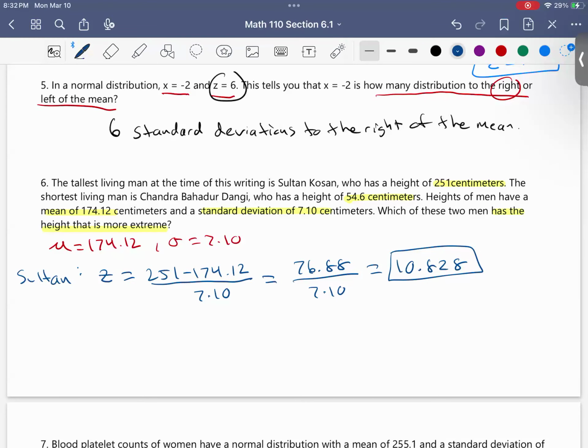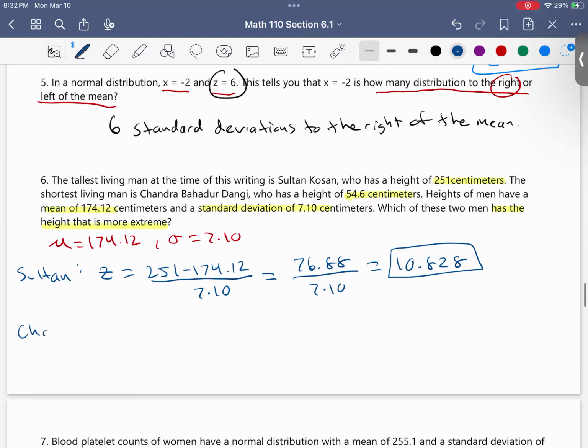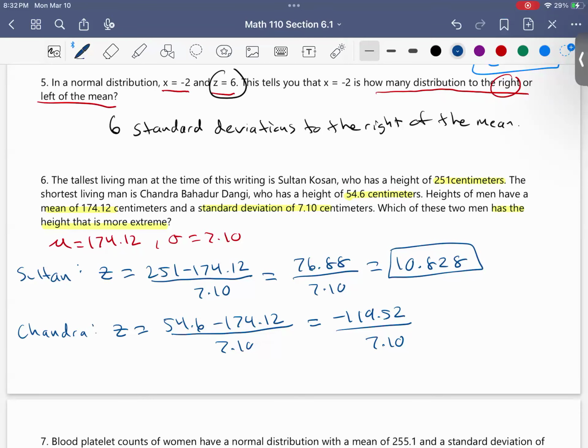That's how many standard deviations he is away from the mean. So let's look at Chandra. His z-score is going to be 54.6 minus 174.12 all over 7.10. This ends up being negative 119.52 over 7.10. And so this ends up being negative 16.834.